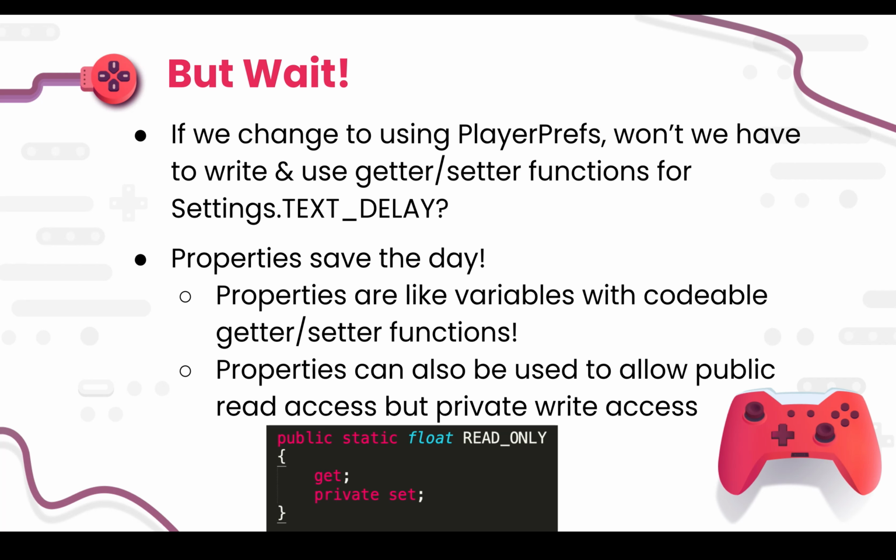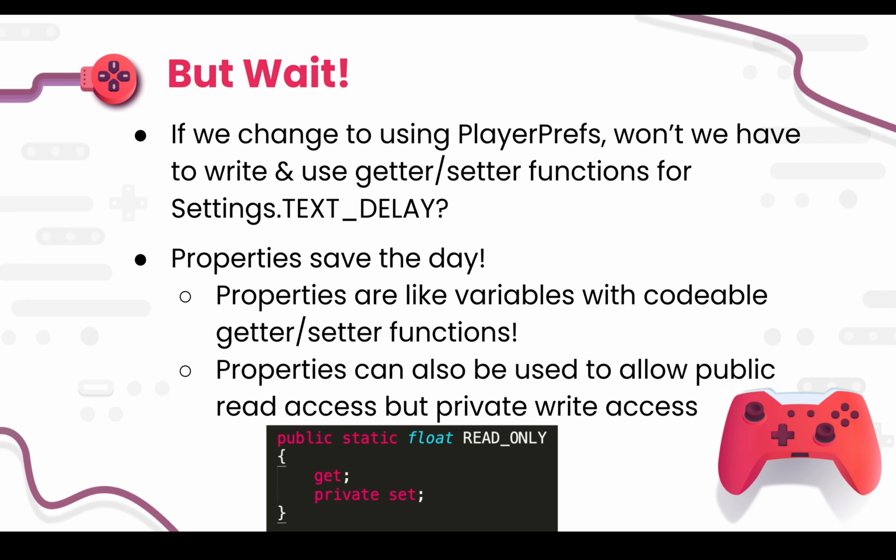Here below is an example of a property. You can create properties with just get and set, and C# will automatically create a hidden backing field, for example a float, and then automatically get and set that hidden field.